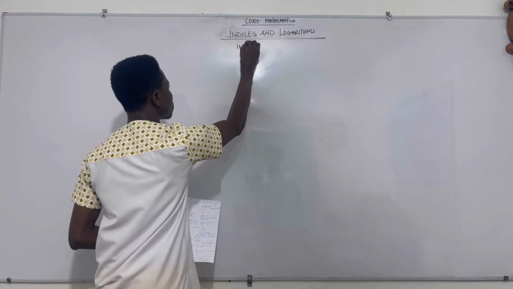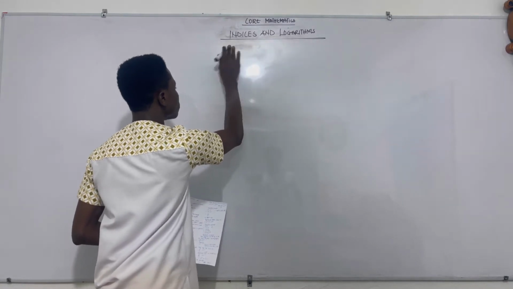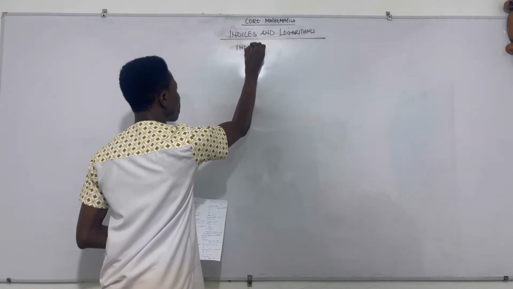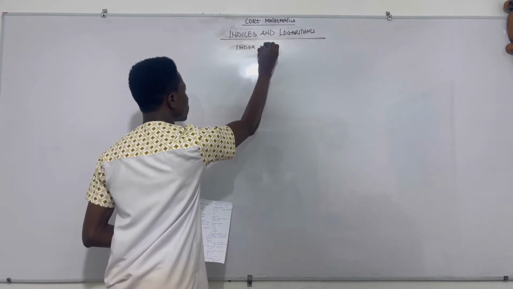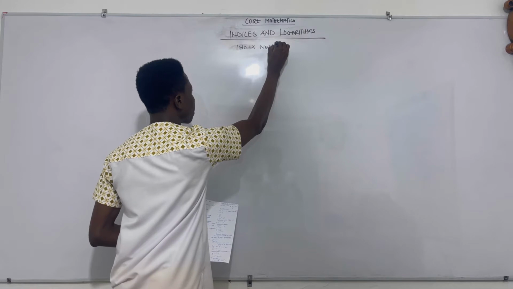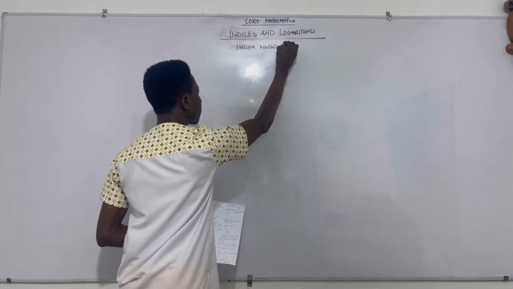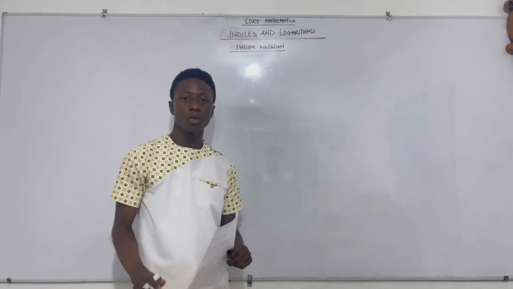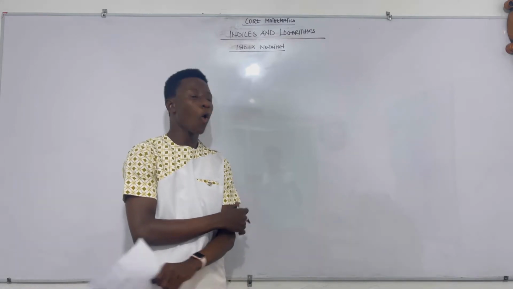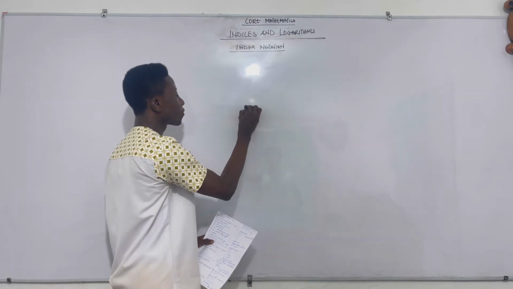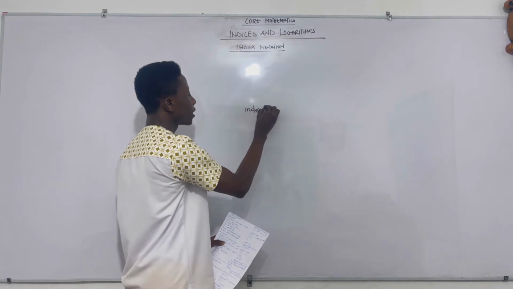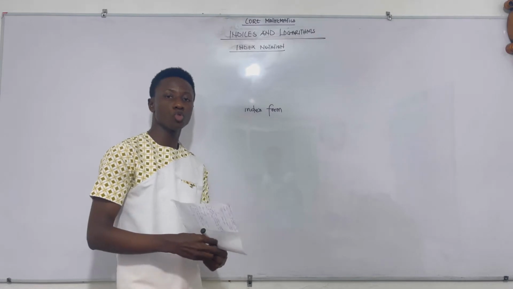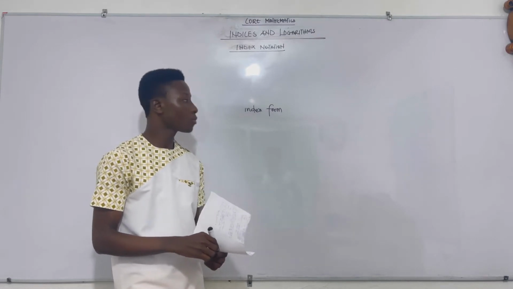Index notation. Okay, so the index notation, or in other words, the index form, is the simplest way to write numbers.